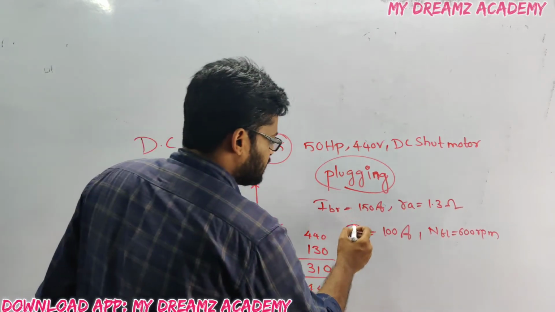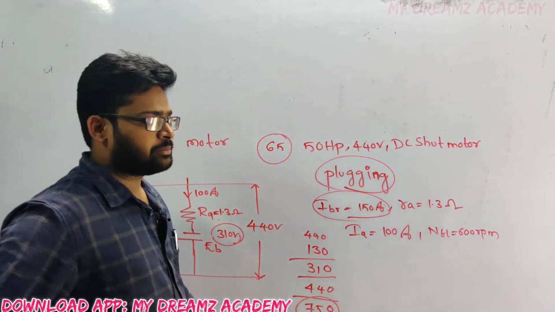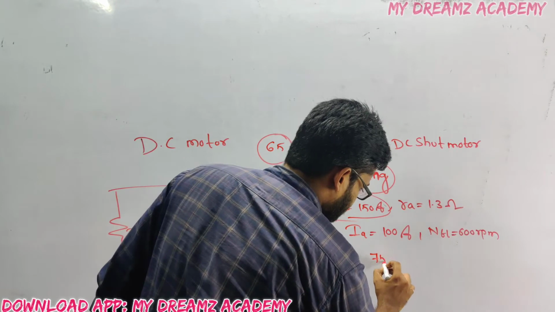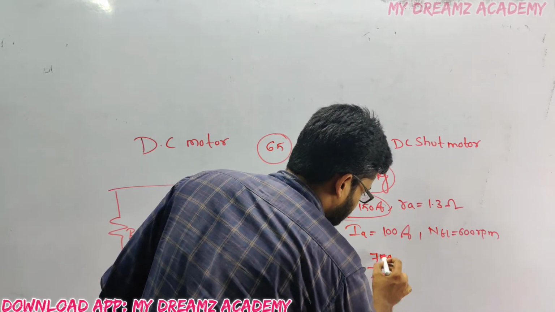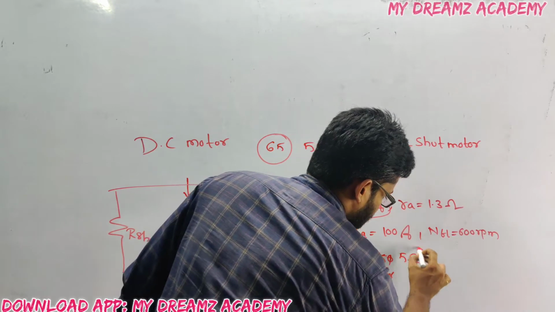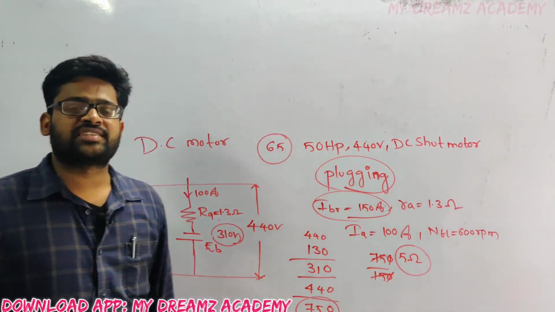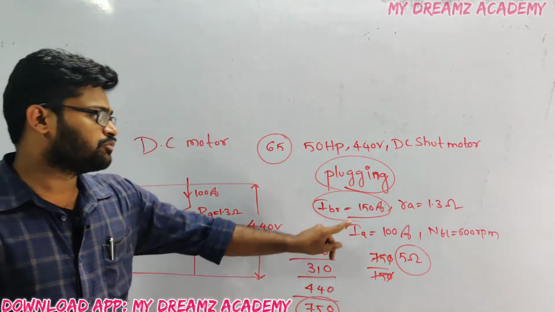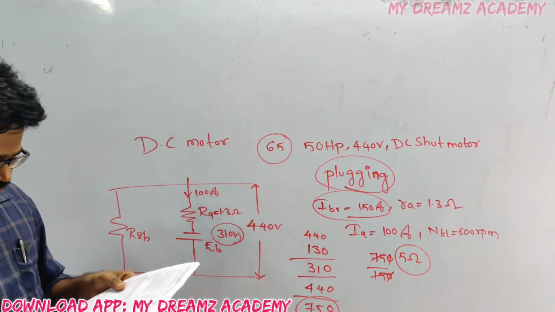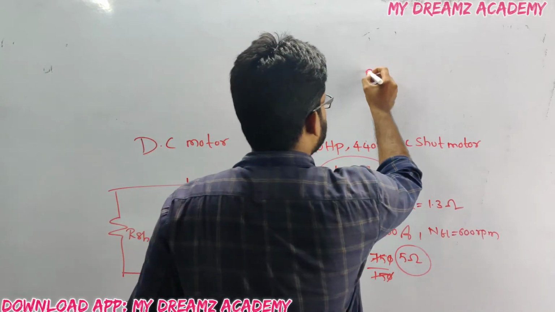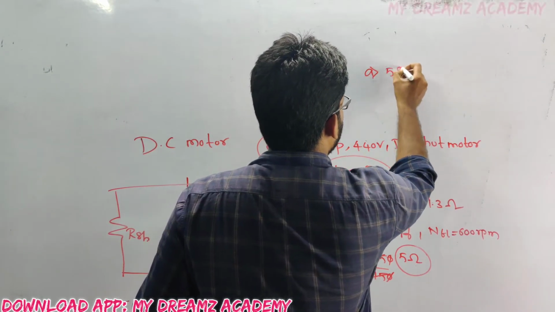We need to maintain the braking current of 150 amperes. So 750 divided by 150: the zeros get cancelled, 15 ones are 15, 15 fives are 75. So 5 ohm resistance is required to maintain the 150 ampere braking current. Okay, so option A is correct, 5 ohms.